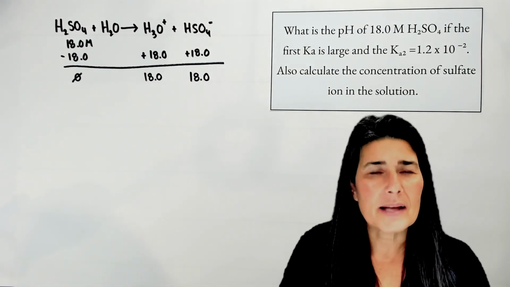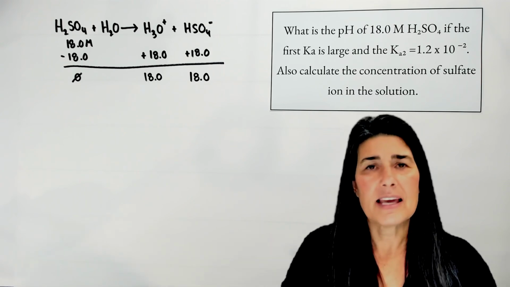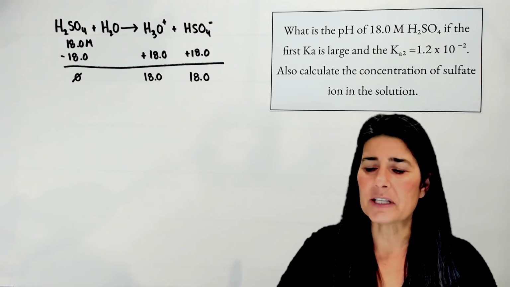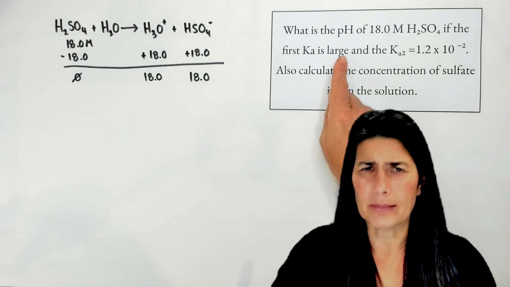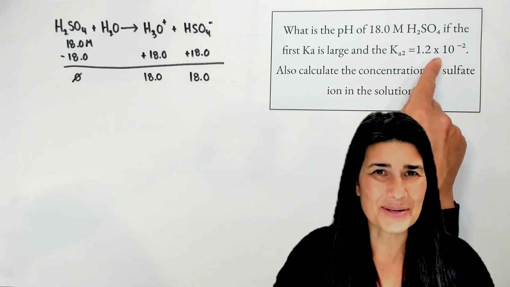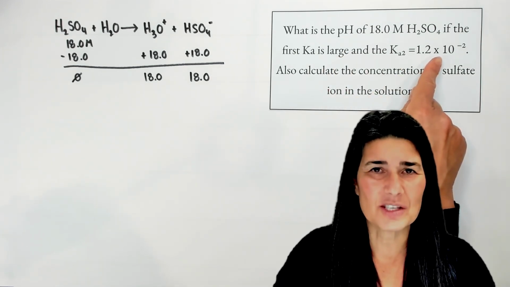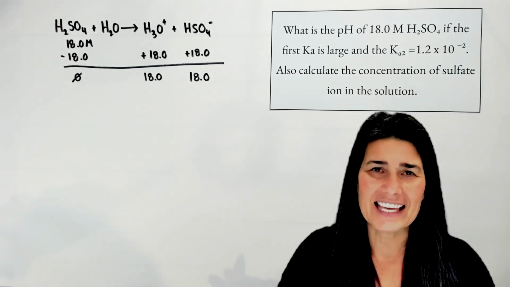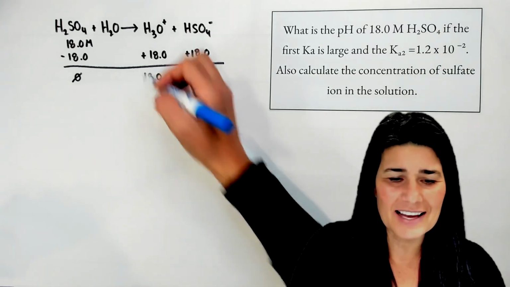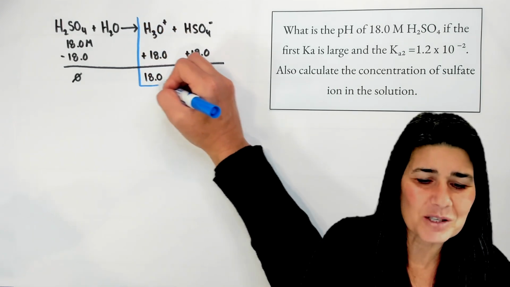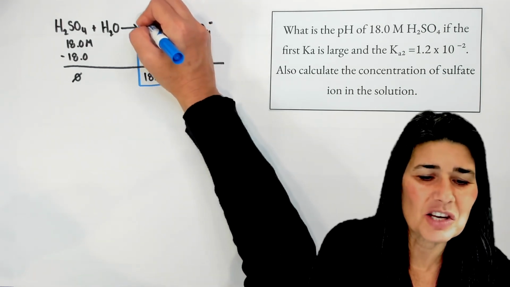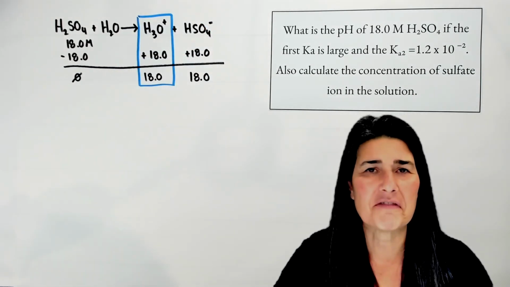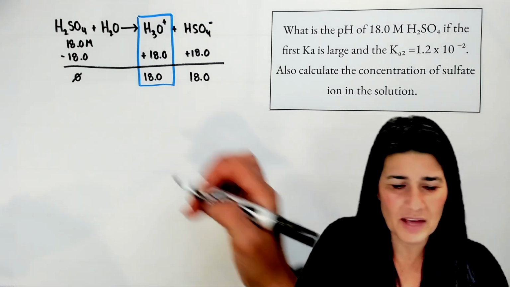Now, if I want the pH, if there is a very large difference between Ka1, large, and Ka2, 1.2 times 10 to the minus 2, we can say that all of the significant H3O+ ions comes from that first dissociation. We can use the first dissociation to find our pH. Let's go ahead and do that.